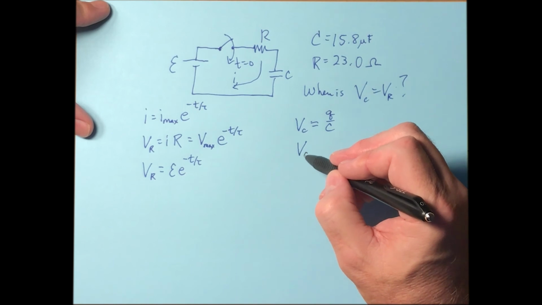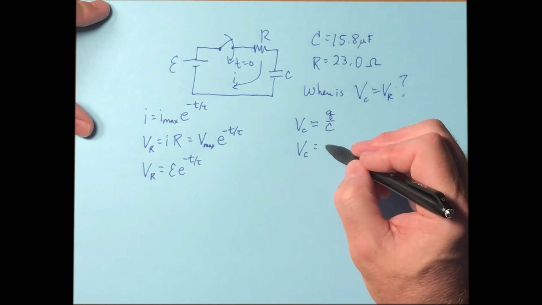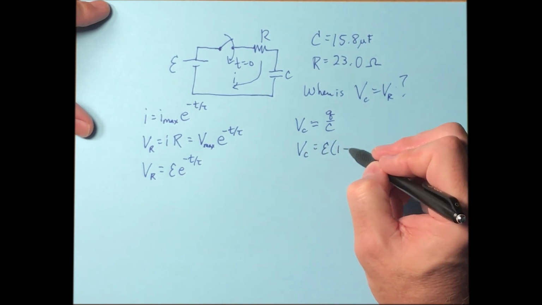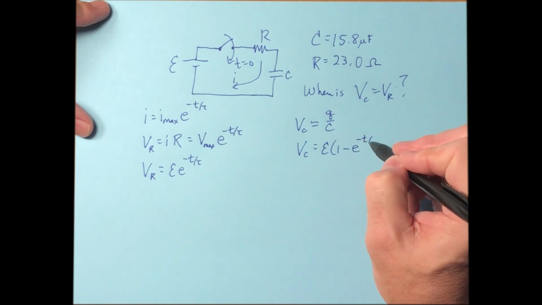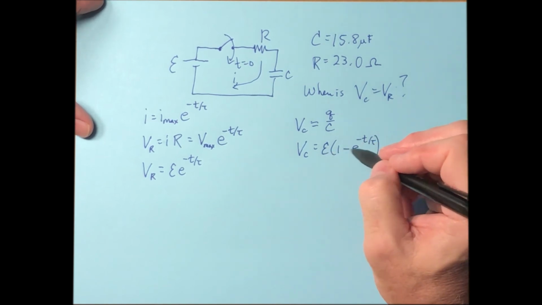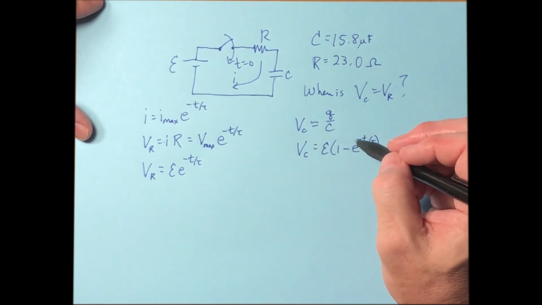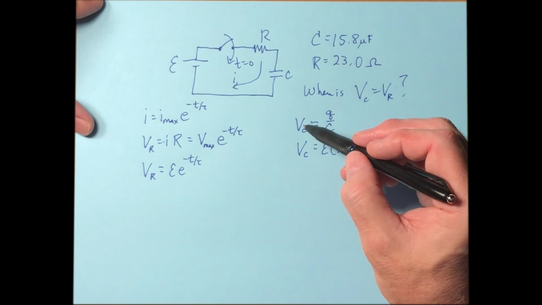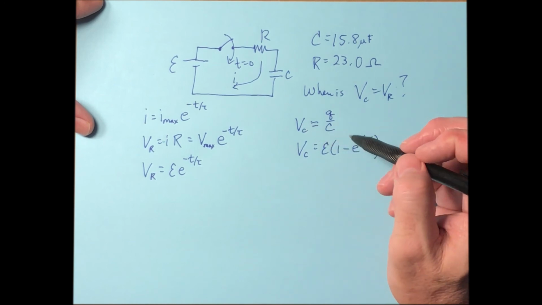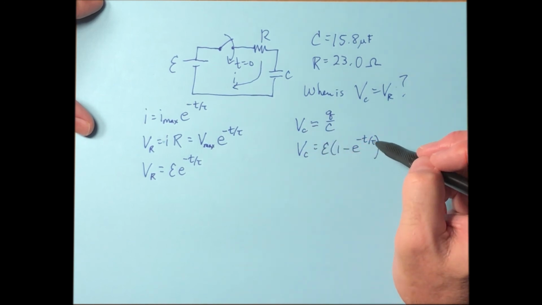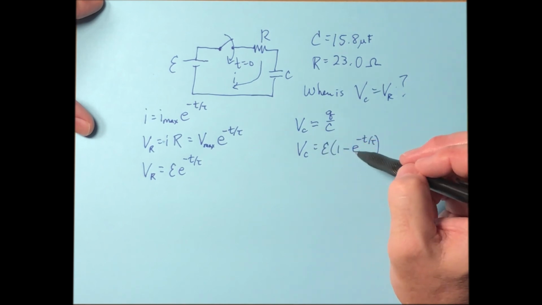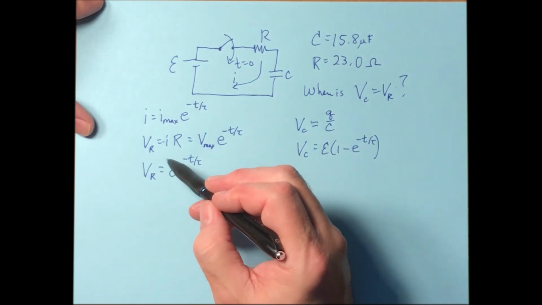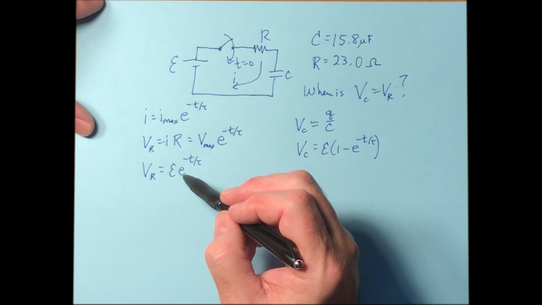The voltage across the capacitor is going to be E times 1 minus e to the negative t over tau. If it takes you a while to figure that out, think it through. Maybe you need to start with Q first before you can derive the voltage across the capacitor. But this is the general form of the equation for the voltage across the capacitor, and the other is the general form for the voltage across the resistor.